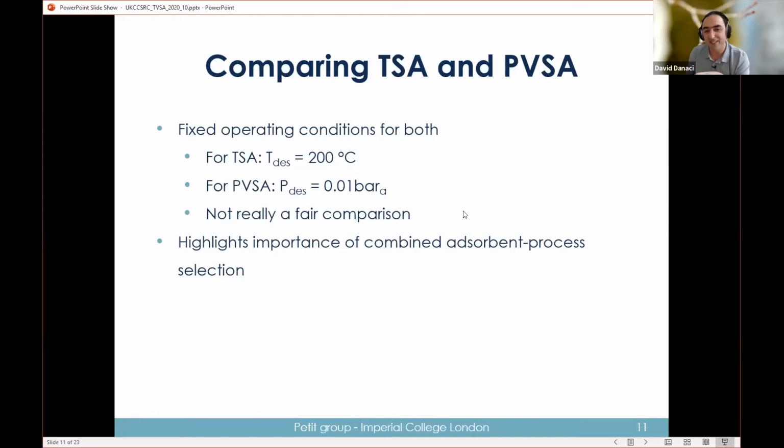And I'd like to highlight that this isn't really a fair comparison, right? Because each adsorbent is not really operating at their most ideal operating conditions. But I just wanted to show you this to highlight the importance of a combined adsorbent process design or selection.